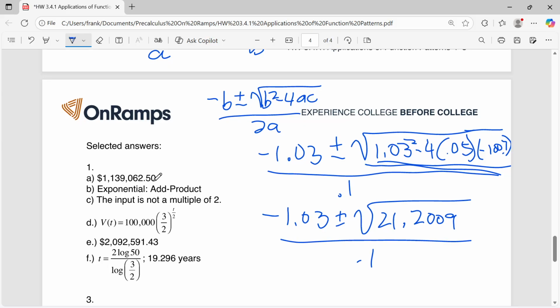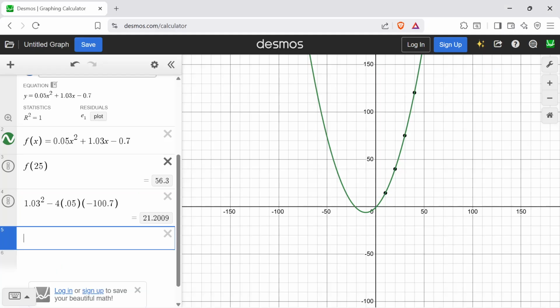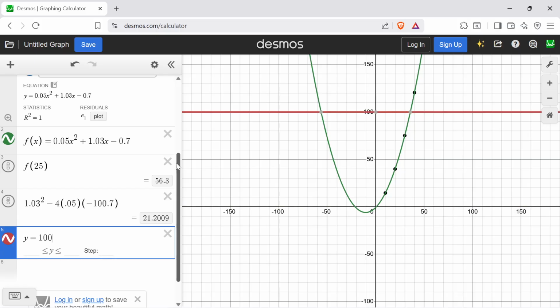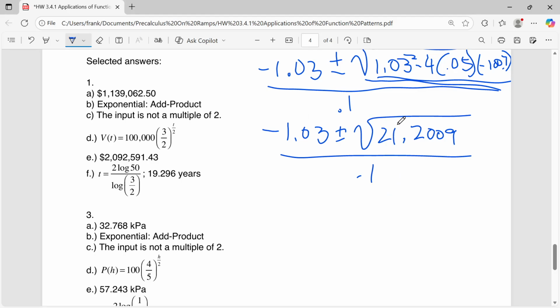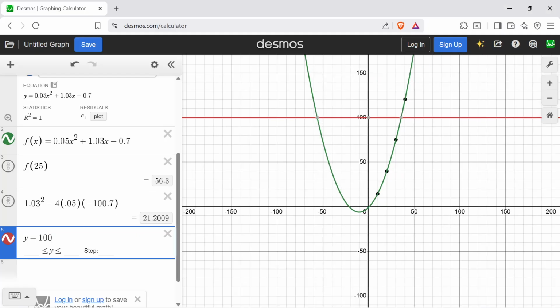That's the exact answer. And now I probably want to see if one or the other of them can't really be an answer. So I'm just going to put y equals 100 on my graph. You can just calculate these, negative 1.03. Well, I guess I'll do it the way you have to.